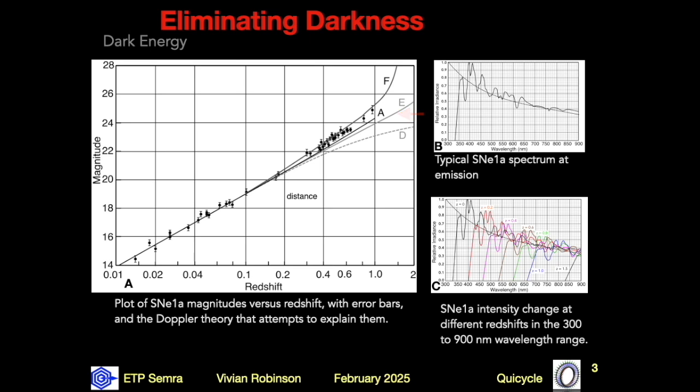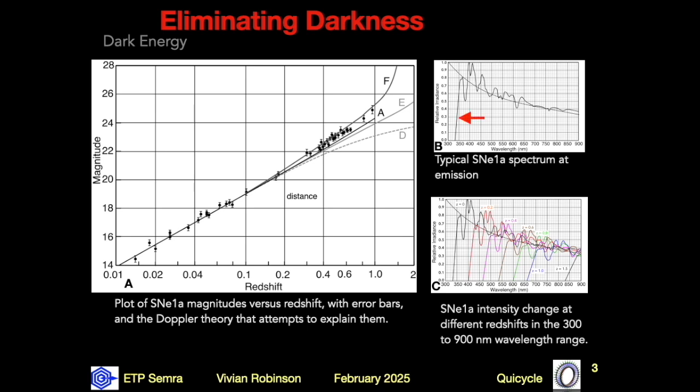It includes curve D. Both present the intensity of all the light. Line A is what the mathematicians were expecting to see if the universe was expanding at a constant rate after the Big Bang. It is sufficiently close to curve E not to make a significant difference to the outcome.